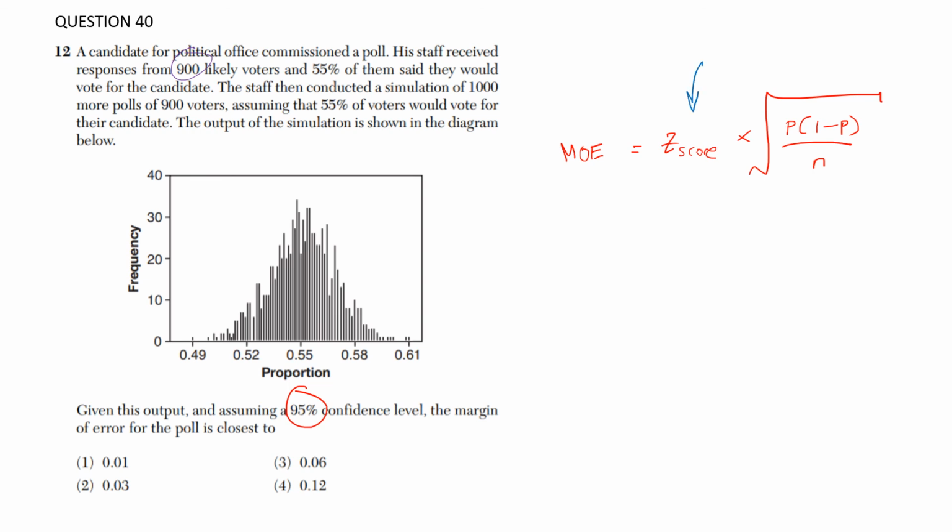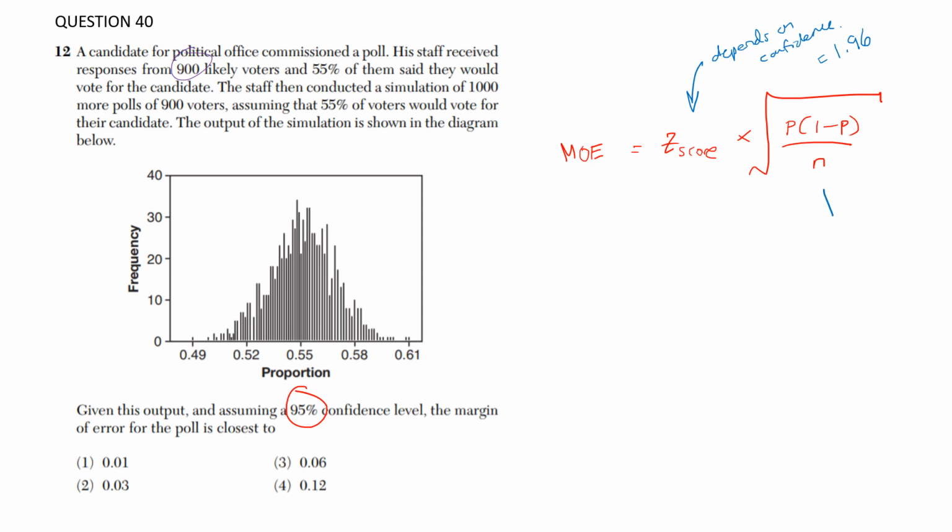The z-score depends on confidence level, okay? In our case, it's a 95% confidence interval, and the corresponding z-score for that will equal 1.96. That's just something that you probably should memorize or get a feel for, that 95% confidence level.